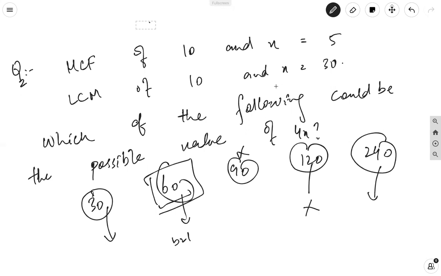Okay. Now let's see how a question on LCM could be asked in the exam. For example, let's take a very simple question.